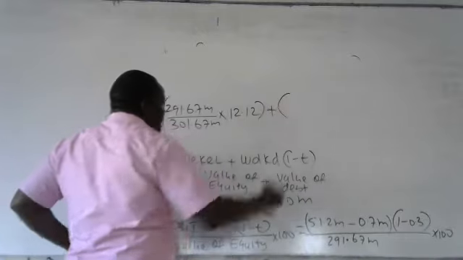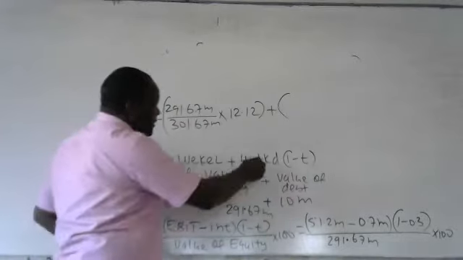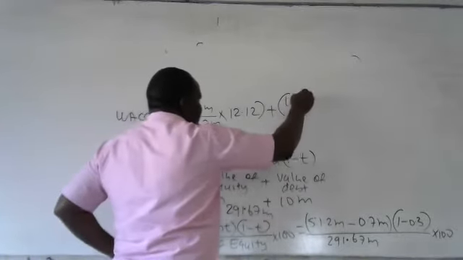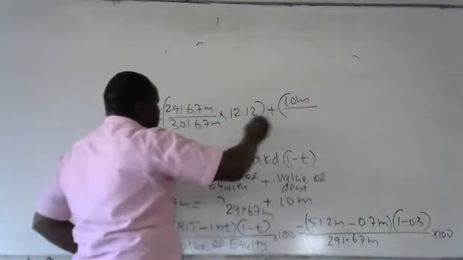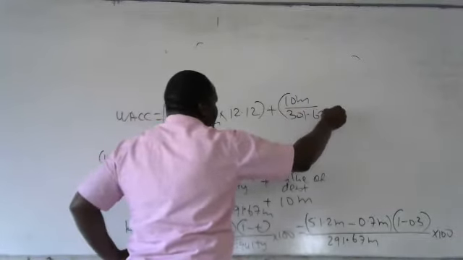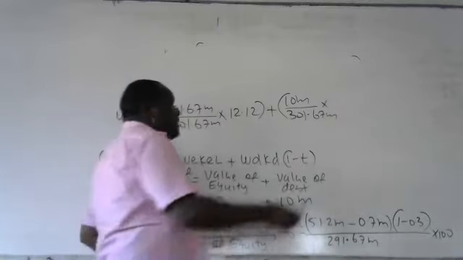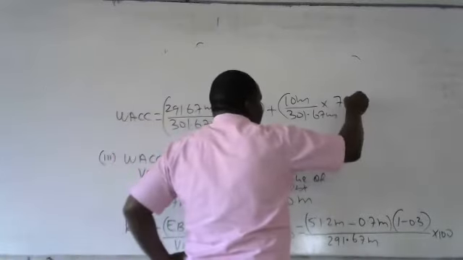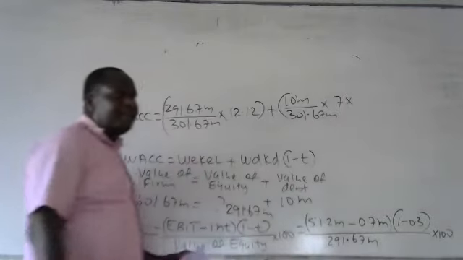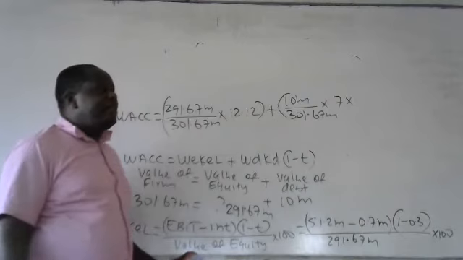Then we also add the weight for the debt, which will be 10 million. The total is still 301.67. So KD is the interest rate, which is 7%, but this time there is tax. 1 minus 0.3 will be the same as 0.7.